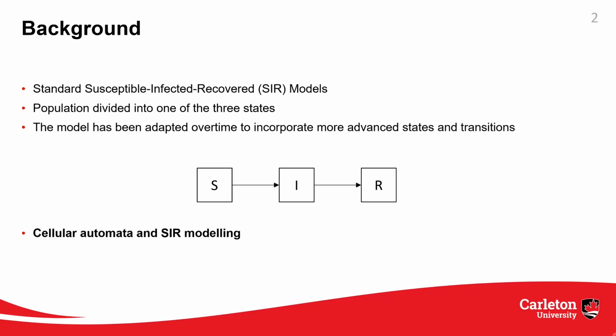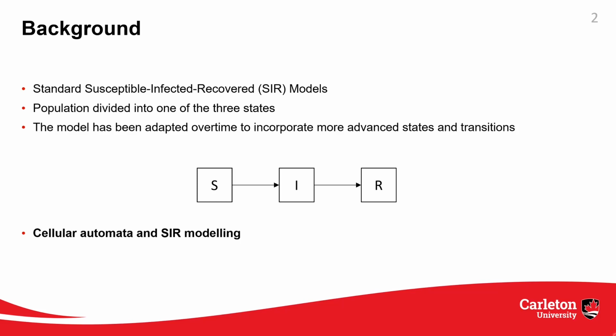The susceptible population becomes exposed to the disease, moves to infected after a given period of time. The infected population will then eventually recover, where they cannot regain the disease, and they are immune to it. Now this model worked for some diseases, but it's been changed and adapted over time to incorporate more advanced states and more advanced transitions, allowing for different things, which we'll talk about in a minute.